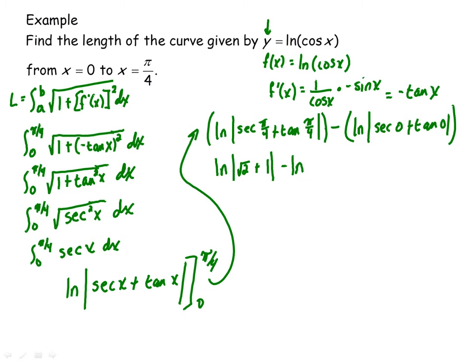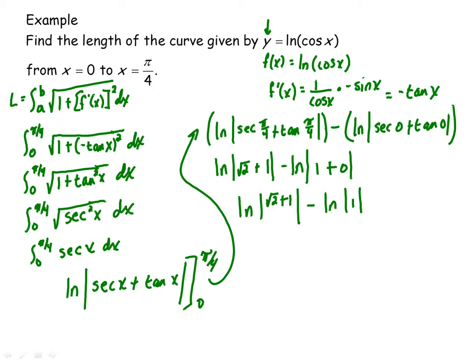Minus the natural log. What is secant of 0? And what is tangent of 0? 0. So what I have here is the natural log of the square root of 2 plus 1 minus the natural log of 1.